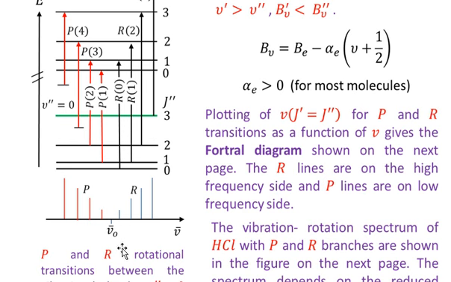And nu naught is represented in wave numbers. Corresponding to each branch transition, I have shown the magnitude of these transitions. Different values of R in magnitude represent the intensity of these transitions. Similarly, I have shown the P transitions with different magnitudes, and these correspond to the intensity of these P transitions.